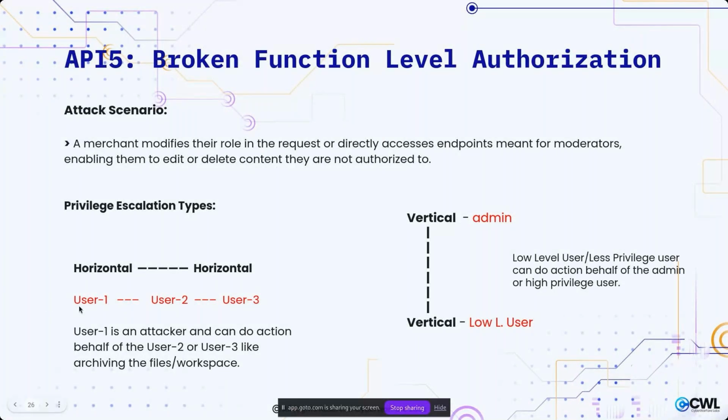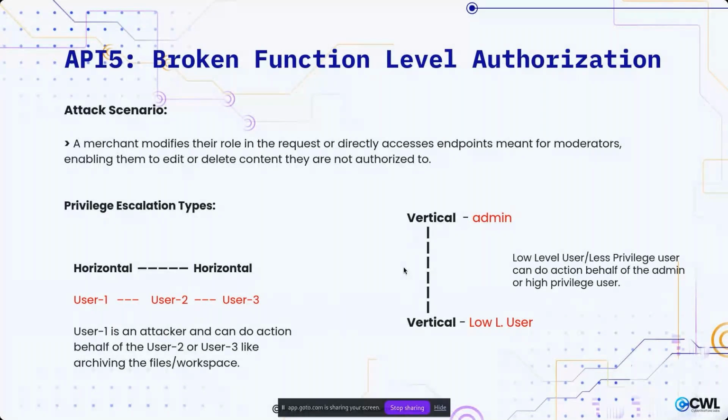The attacker is user one, and he can do actions on behalf of user two and user three. This is horizontal privilege escalation. And what is vertical? In vertical, we have a low level user and we have an admin. If this low level user can perform actions on behalf of the admin, then it is considered a vertical privilege escalation.